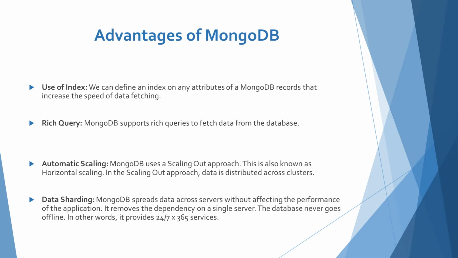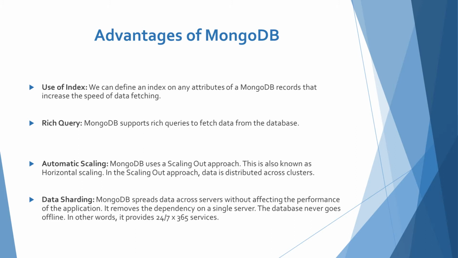That is the advantage of indexing in MongoDB. Rich query. MongoDB supports rich queries to fetch the data from the database, and because it stores documents in JSON format, we can retrieve the data very fast.